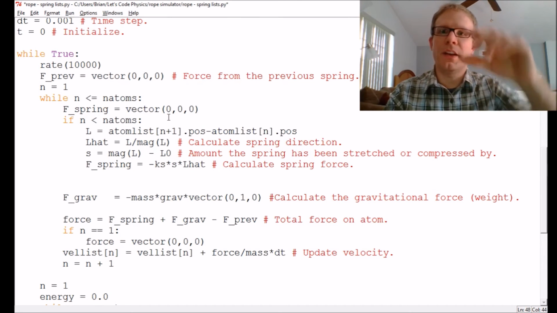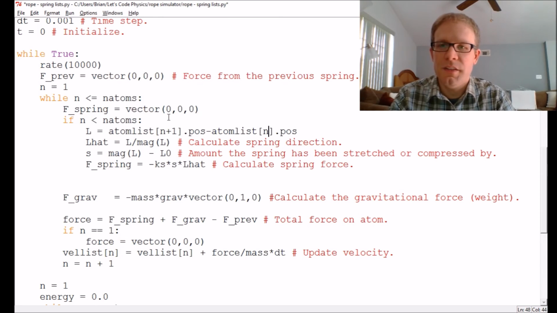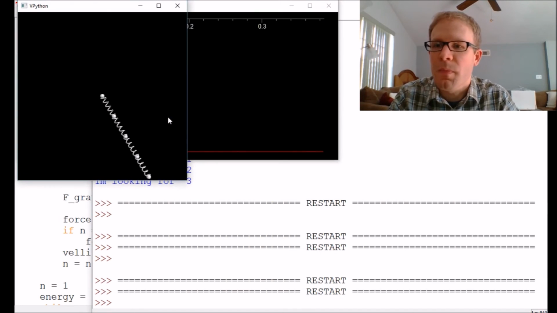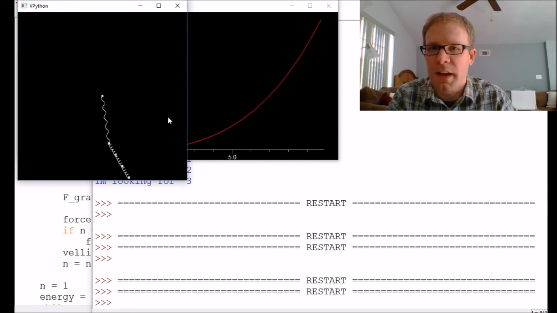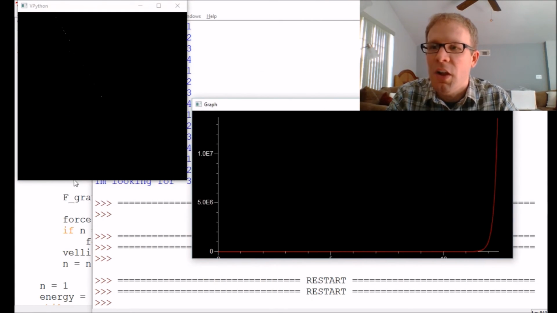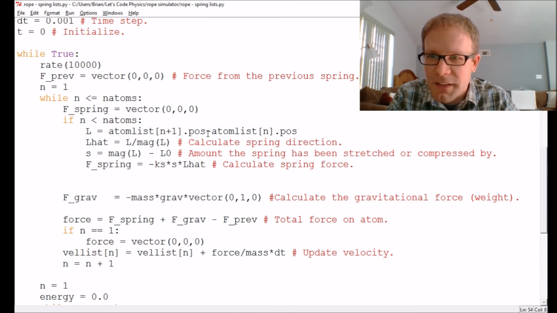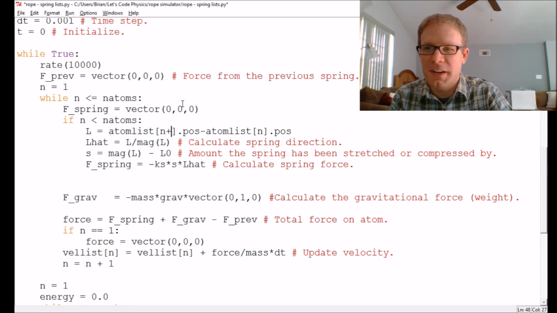Let's try that, because that could have been the top one pushing the second one away. Nope, it's just going down. And you can tell there's a problem because there's not conservation of energy down here. Oh my, okay, no, that did not happen last time. Okay, so I've got some bugs to work out here.